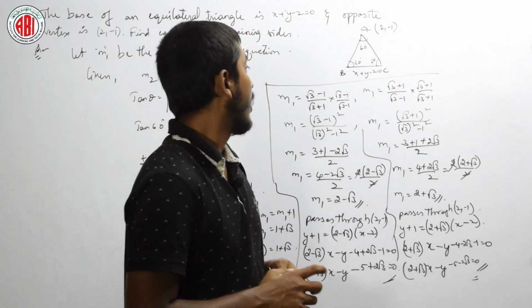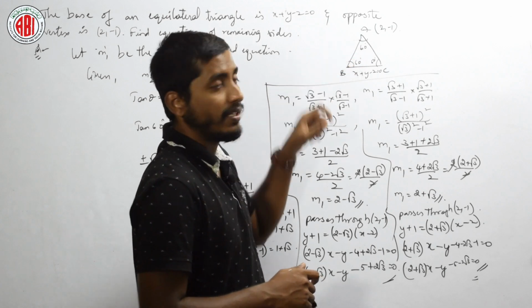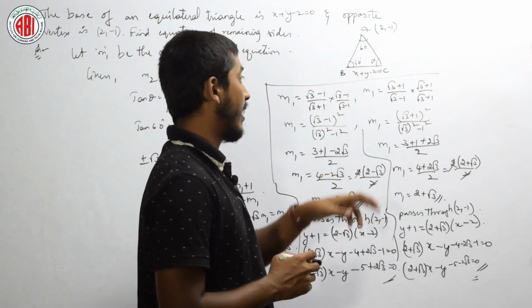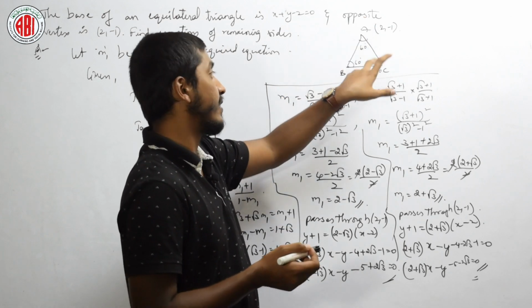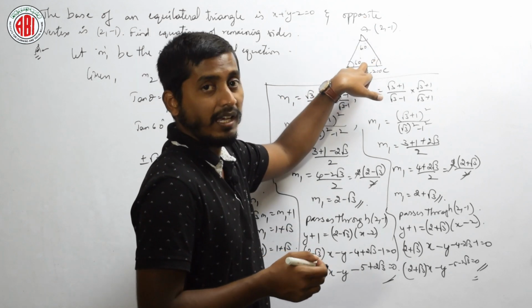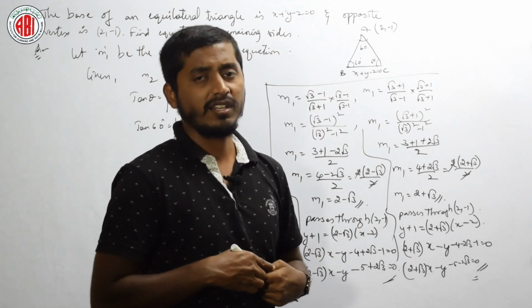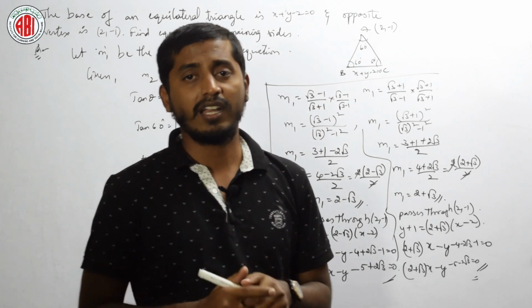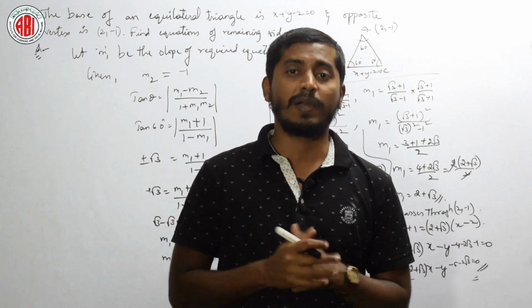See here, if you observe here, there is a median in between A to BC. What is a median? The line that passes through the apex, or else we can say that passes the midpoint of a straight line to the opposite vertex, that is a median, or simply you would have learnt about the definition, right. A median is a line which divides the whole triangle into two equal parts.